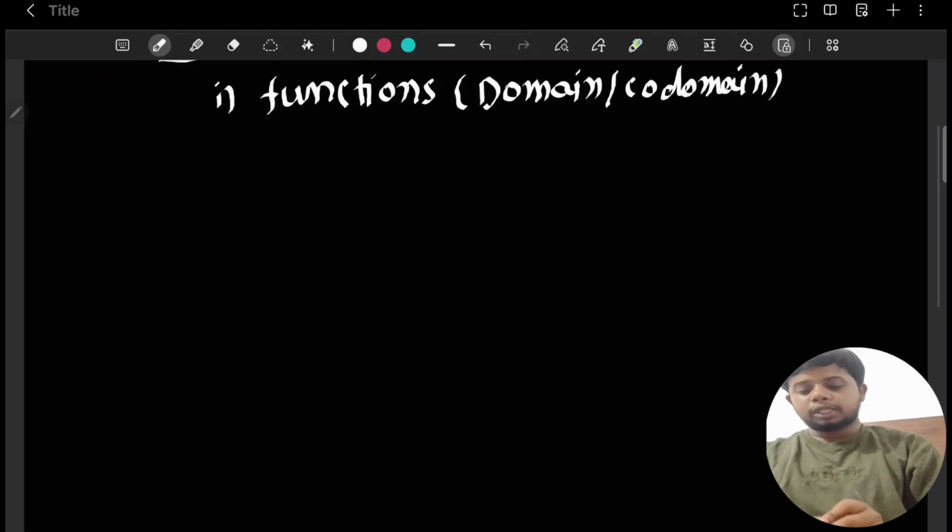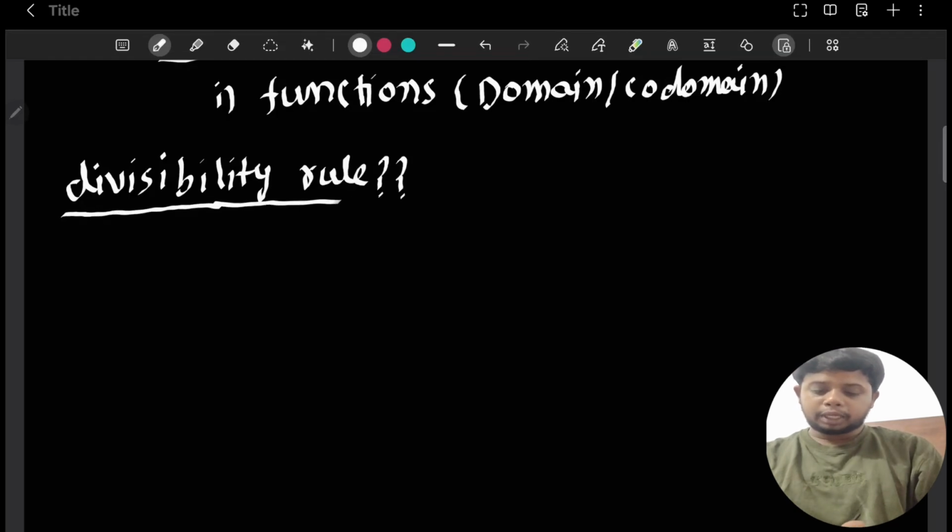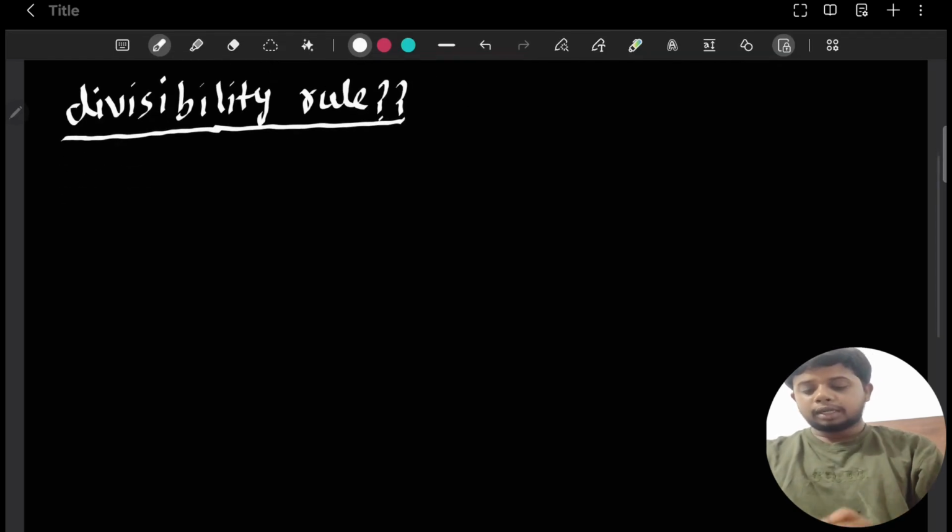So before starting limits, let's start with the divisibility rule. Let's see what the divisibility rule is. These things are very basic, but if you want to feel the limit, you have to know that. Let's say I ask you what is the answer of 4 by 2, and you will say, sir, the answer is 2.